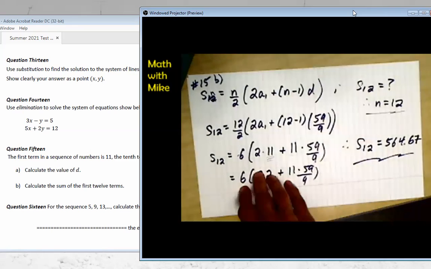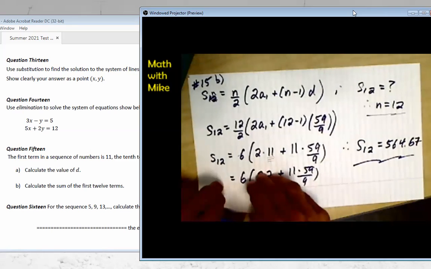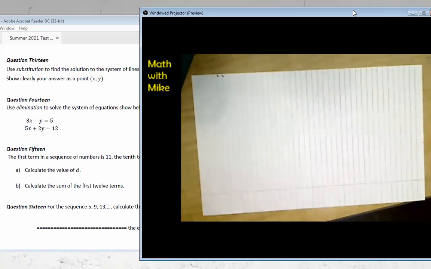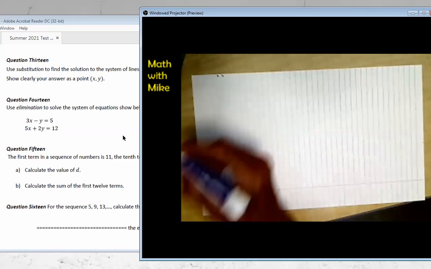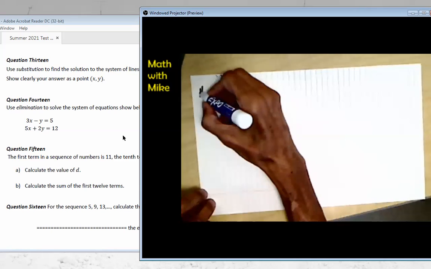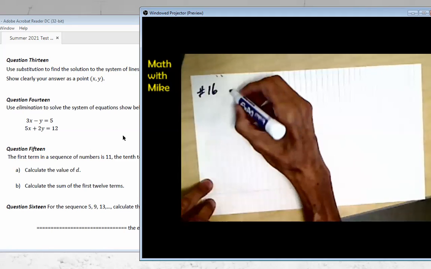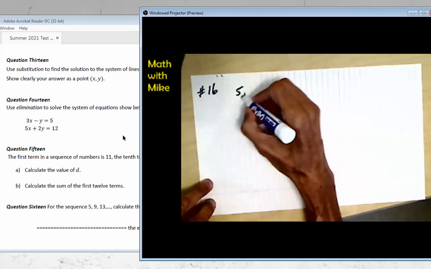Beauty. Last question, number 16. Covered up, but not impossible. 5, 9, 13. What do we do with them? What's the question? The sum?